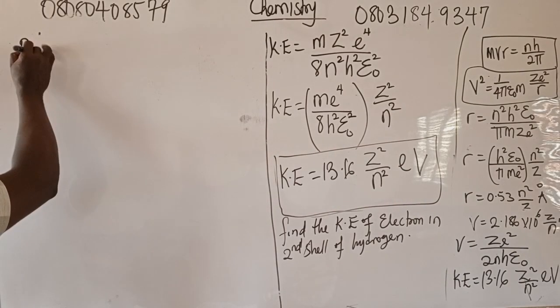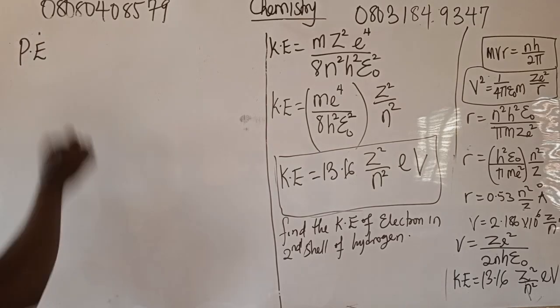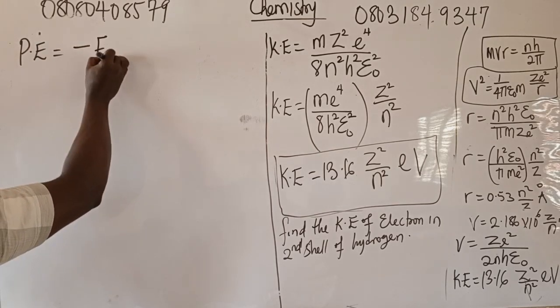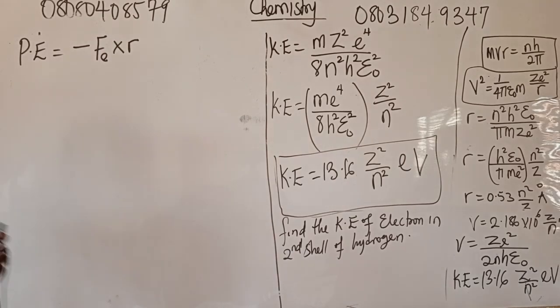Potential energy, PE. Don't forget, the formula is minus Fe times what? Radius.